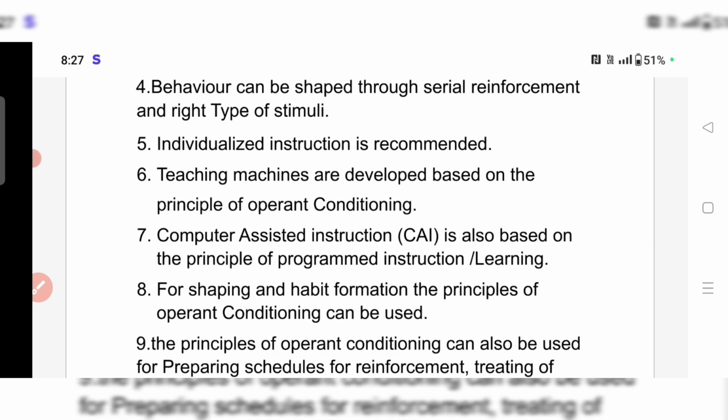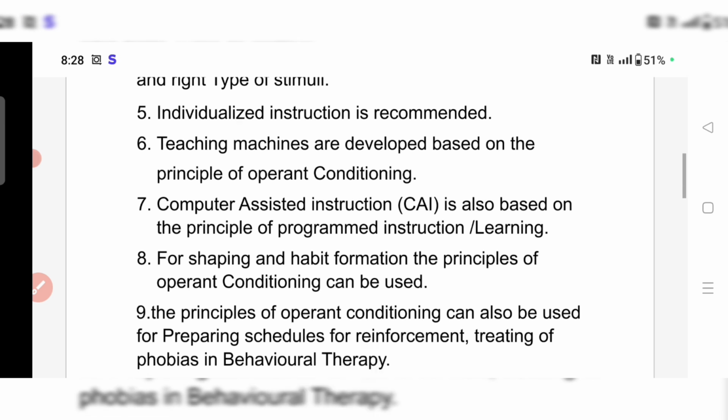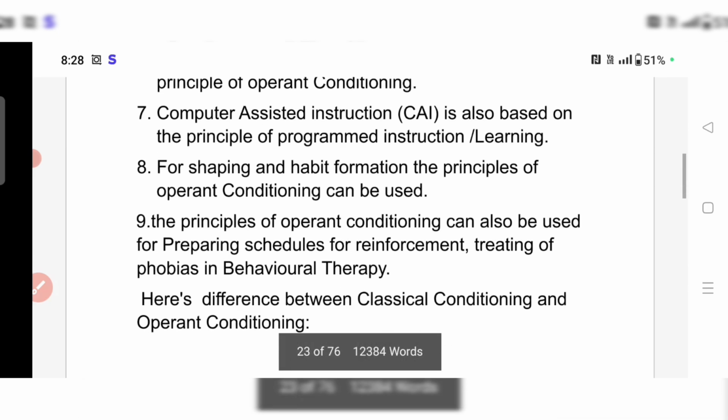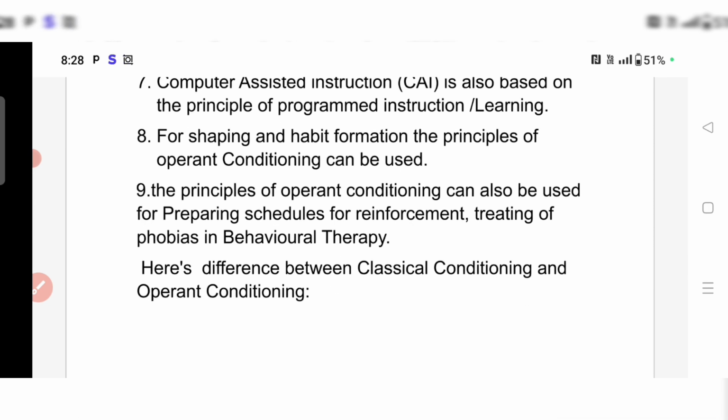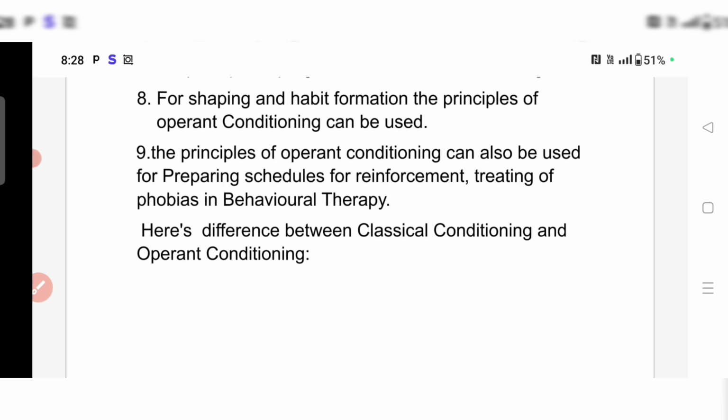Behavior can be shaped through serial reinforcement and the right type of stimuli, and individualized instruction is recommended. Teaching machines were developed based on the principles of operant conditioning, and computer-assisted instruction is also based on the principles of programmed instruction.